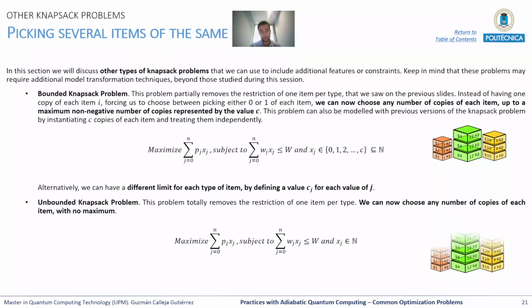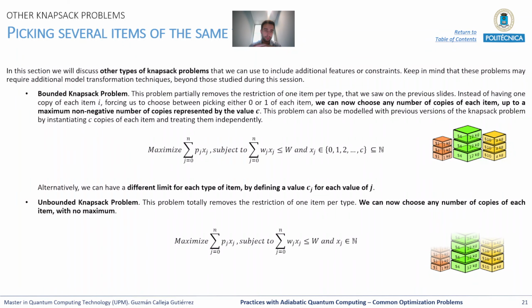So this is what we are talking about right now. The mathematical modeling will be different because we are dealing with integer and not binary variables, and we have a different limit for each of the types of items.